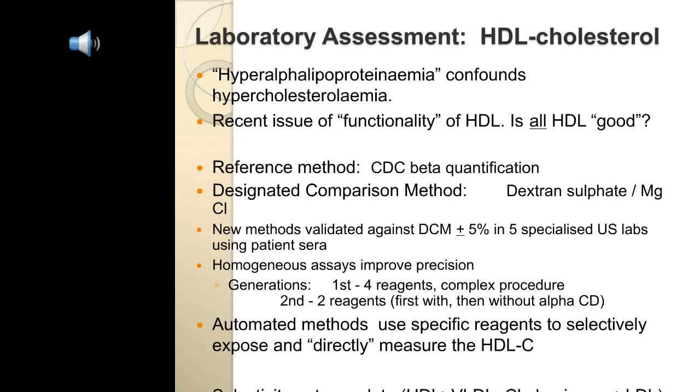So, thinking more particularly about the measurement aspects of HDL cholesterol, we do have a basic reference method, which was the precipitation of ApoB containing lipoproteins with dextran sulfate magnesium.